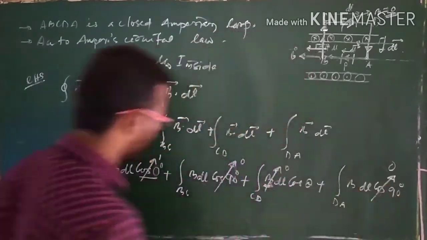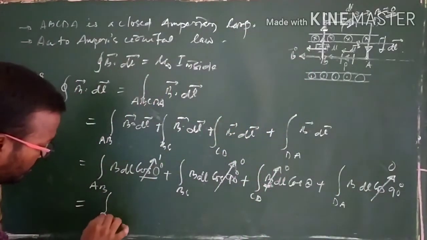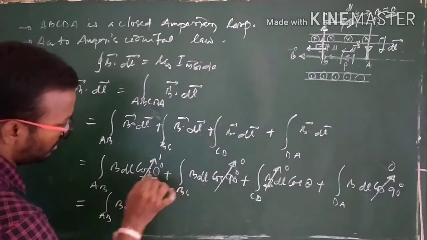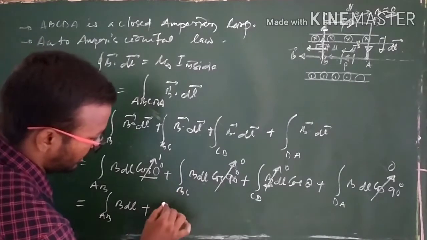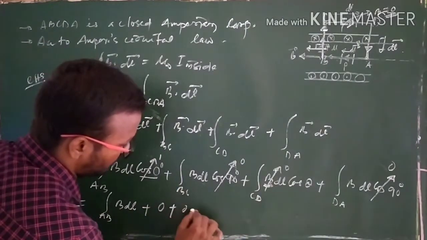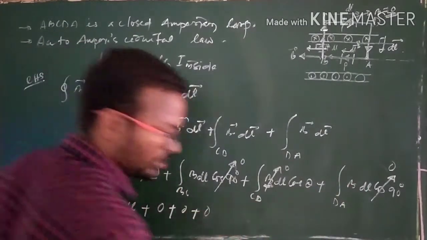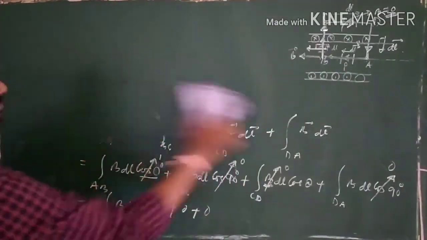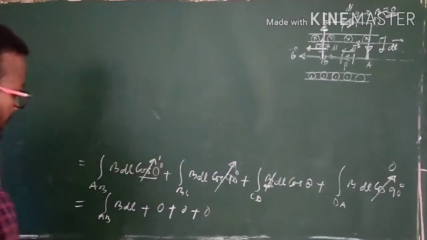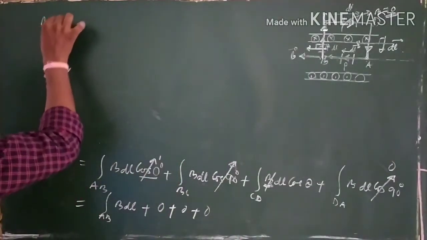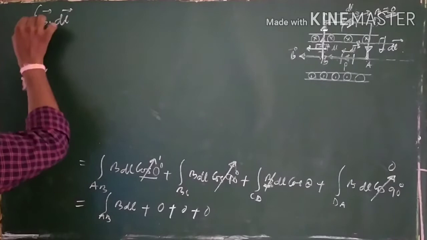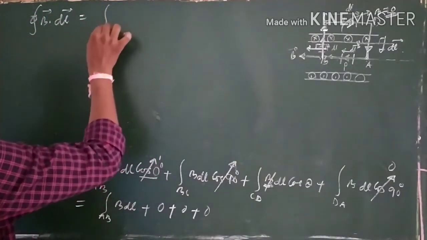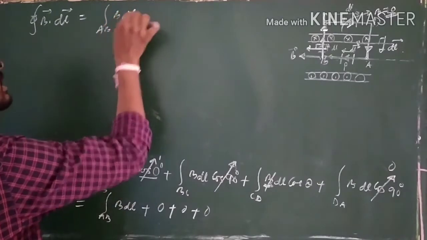So this term is 0, and we are left with the integration over A to B of B dl, because cos 0 degree equals 1. Then this term is 0, and this term is 0. So finally you can write this relation: the closed integral of B dot dl equals the integral from A to B of B dl.